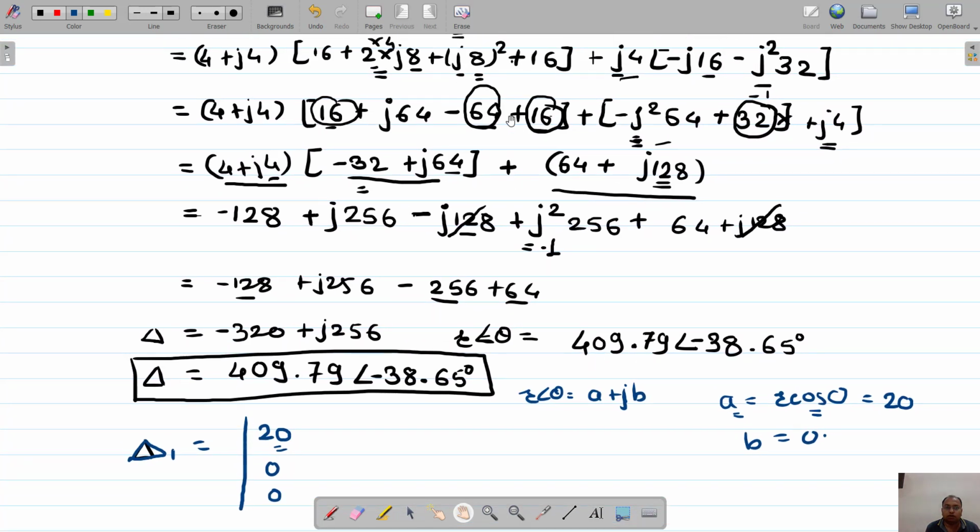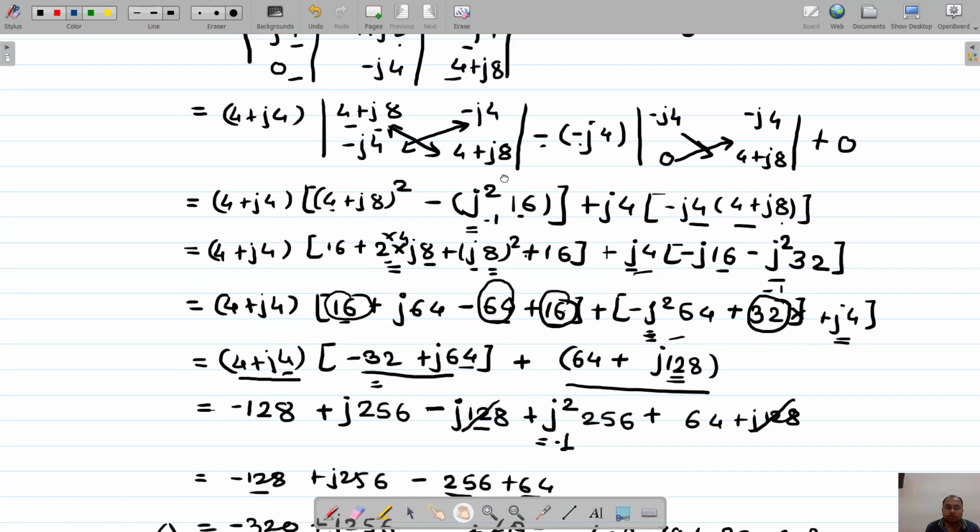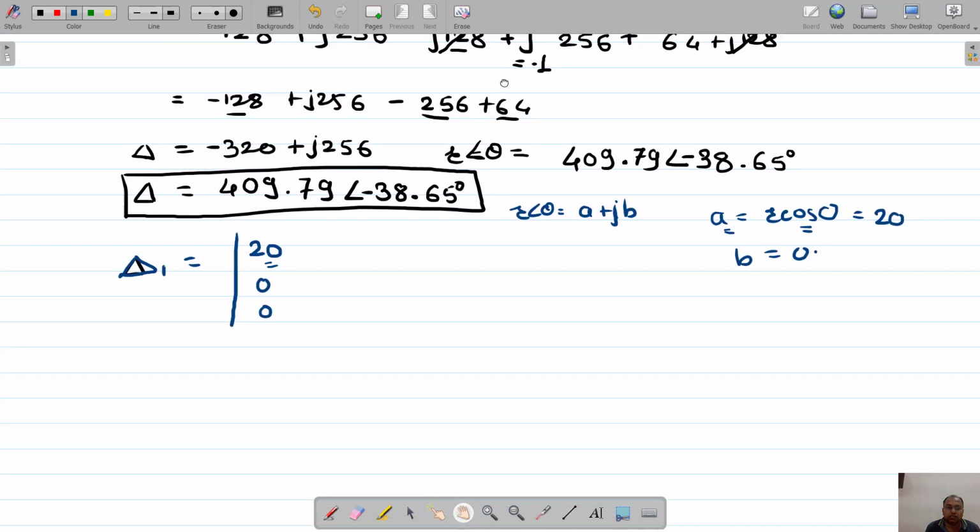Then let me recall the terms. So minus j4, 4 plus j8, minus j4, right? Minus j4, 0, minus j4, 4 plus j8. All these terms we are not going to change.